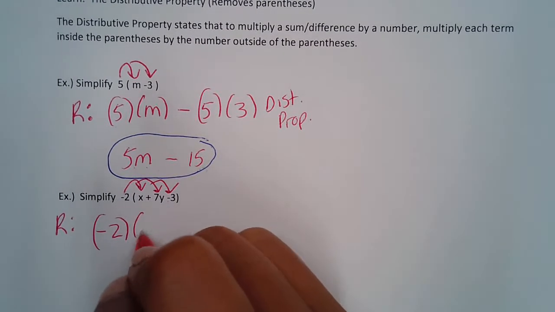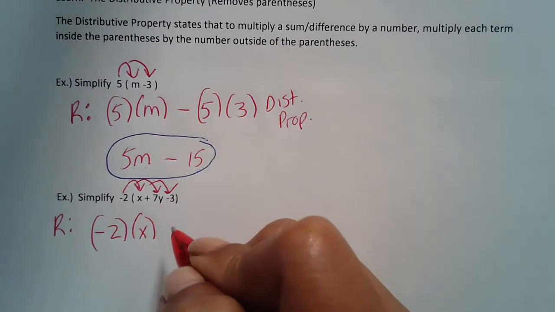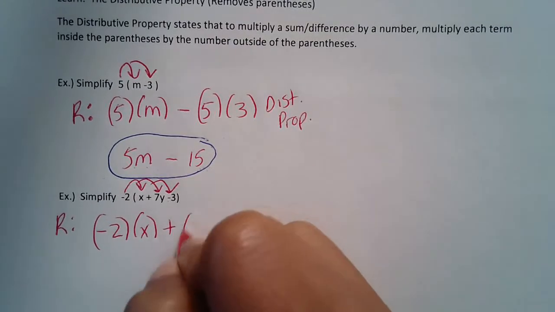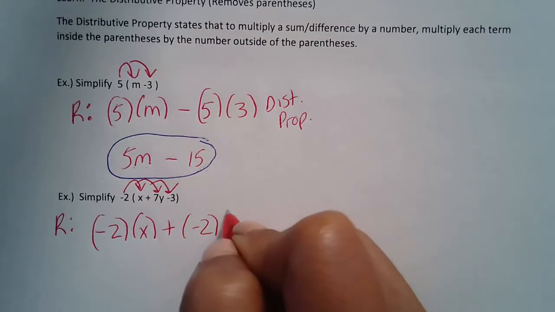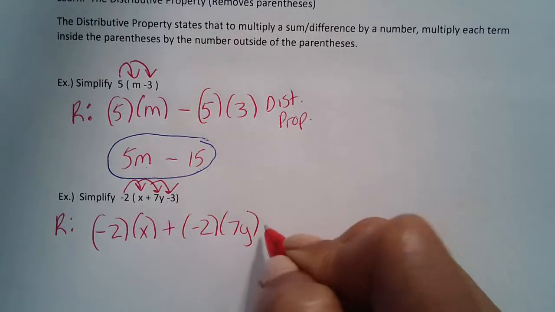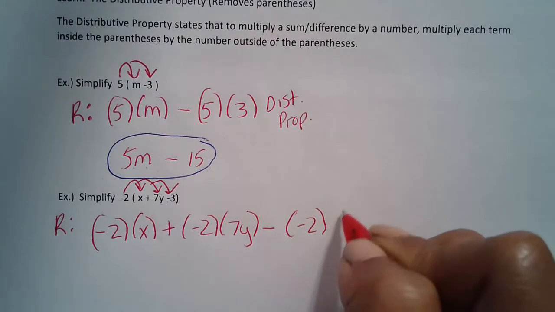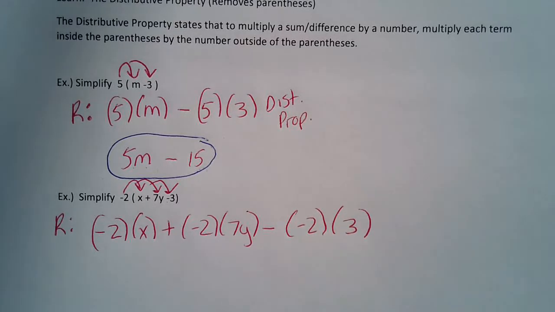So -2, I'm going to multiply that by x. I'm going to bring down my plus sign. Then I'll have -2, and I'm going to multiply it by 7y. I'm going to bring down the subtraction sign, and then I'm going to have -2, and I'm going to multiply that by 3. Take a second and just let that process.